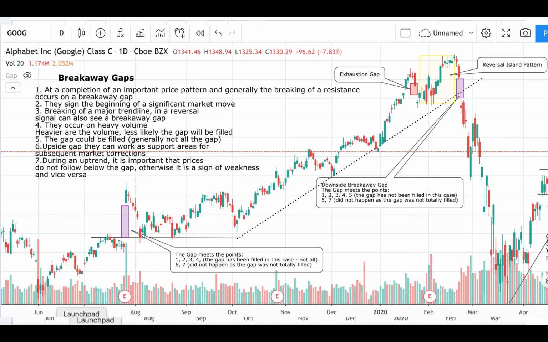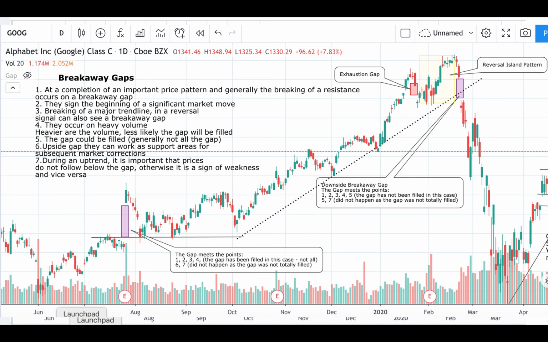And at that point there has even been a downside breakaway gap that is going to confirm, or give more confidence, that this is a really reversal signal. So we are adding more information to that reversal signal, and that signal is gaining importance. So we need to consider it.